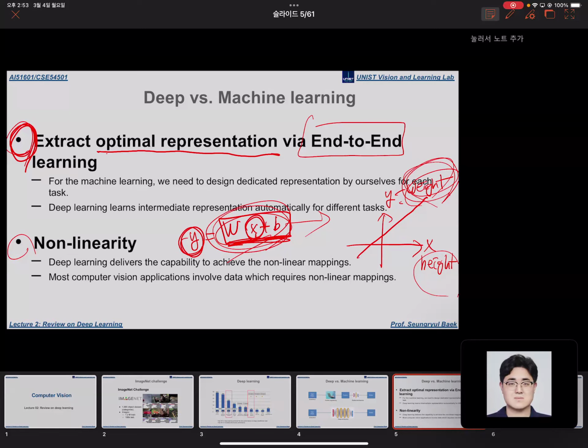In that case, if we use this linear model, using just one layer of the classifier, then when this data, weight and height, has a linear relationship, the accuracy of the classifier will be good.